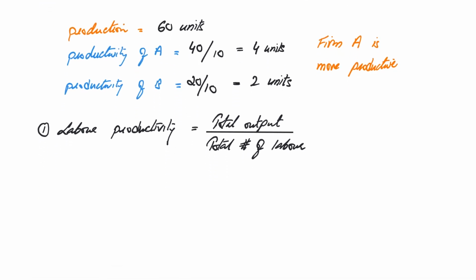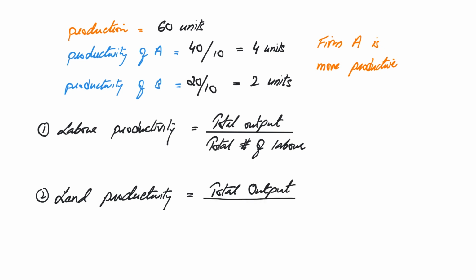Sometimes jaise agriculture ke andar it's not labor productivity but rather it might be land productivity. Even land is a resource. Agriculture ke andar you might be like per acre how much output am I getting, and I have 10 acres let's say. So I'll take my total output that I've produced on my 10 lands and I will divide it by the total number of land, and that's how I will get my land productivity.